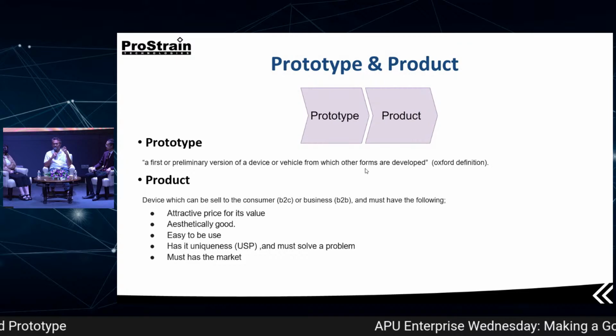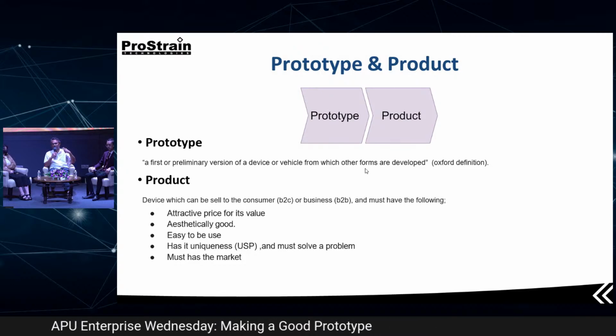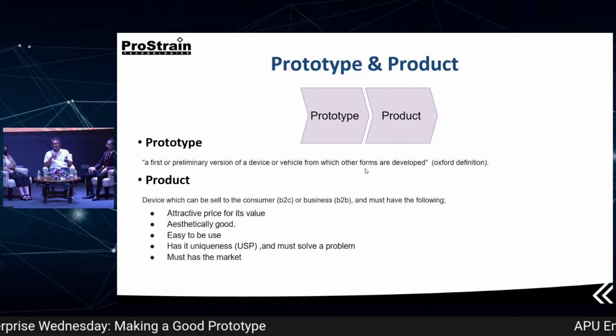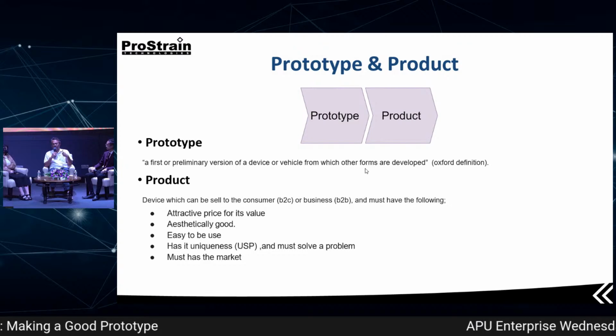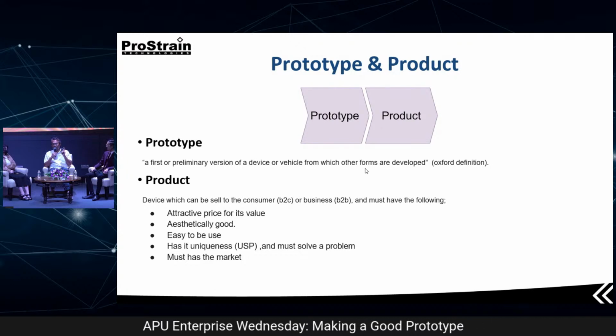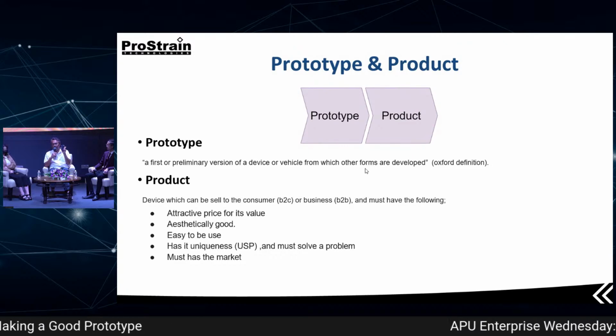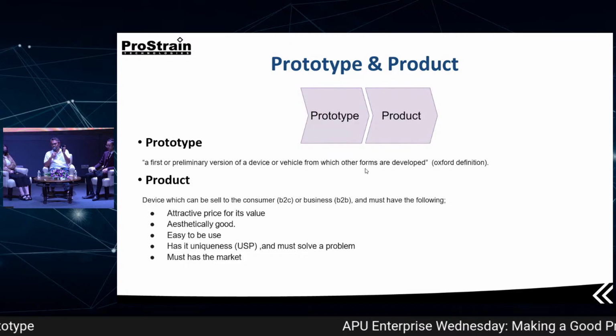Of course, it has to be easy to use, because not everybody is very technical. Sometimes we are villagers, fishermen, and they can just use the phone easily. And one thing for sure, every product or every prototype has to be unique.